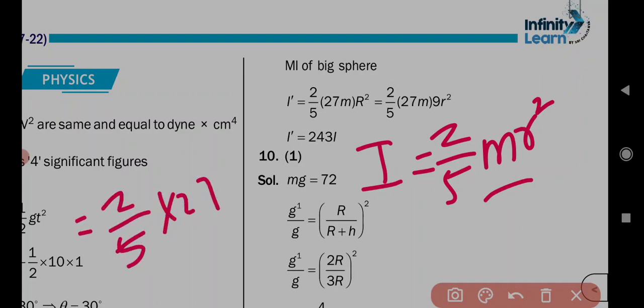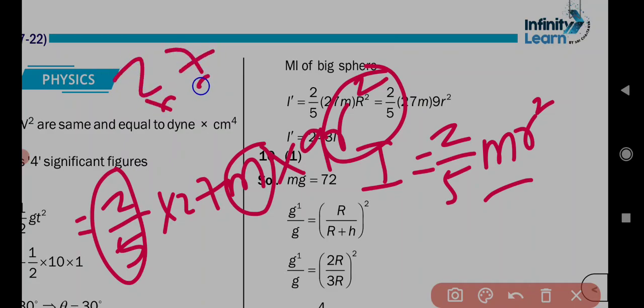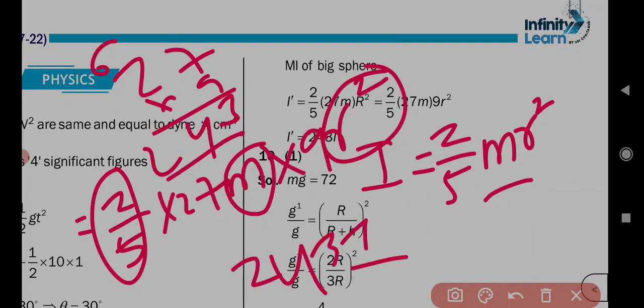And into 9r square. So this part is I. So 27 into 9: 7 9s are 63, 2 9s are 18, 243. So 243I. So this is the answer.